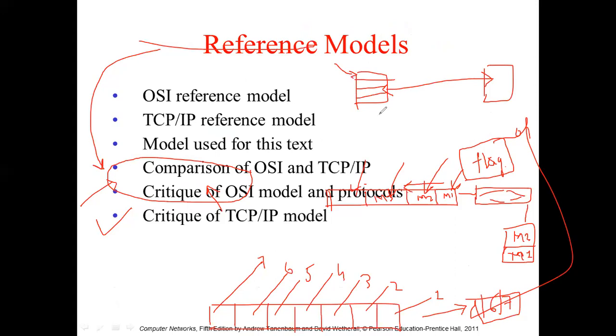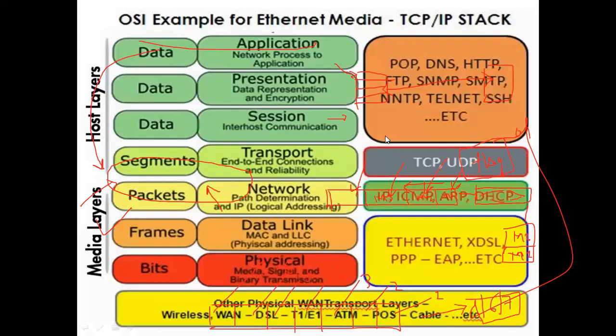That layer architecture is known as a reference model. The first one is known as the OSI reference model, right? The second, which we are using in today's world, is the TCP/IP model, right? So today we will talk about these two layer models, and then we will compare them. So this is how it looks.